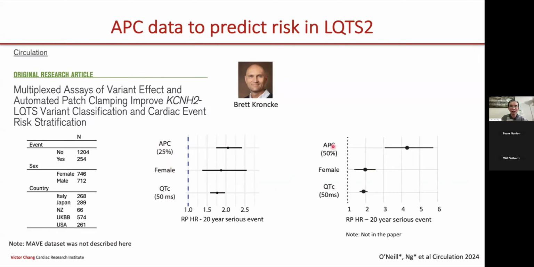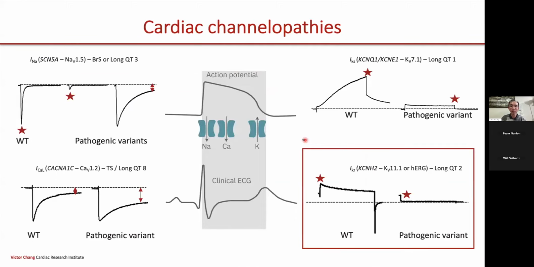But if we use a 50% change, which is your haploinsufficient scenario, which we know causes long QT2 syndrome, it's actually very useful to predict, if you have that variant, what your risk is compared to if you have a variant that has a normal function. So we definitely can tell, if a patient is referred for functional testing, whether that variant has a high risk or moderate or low risk. So that is for KCNH2.